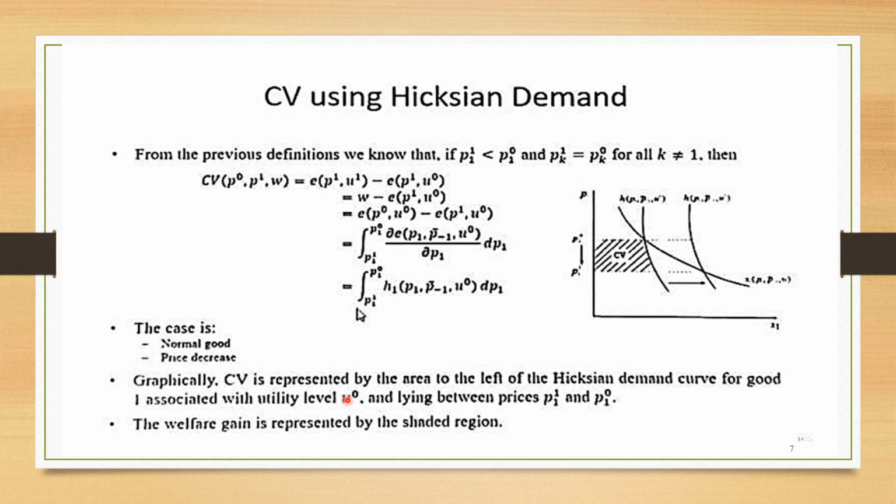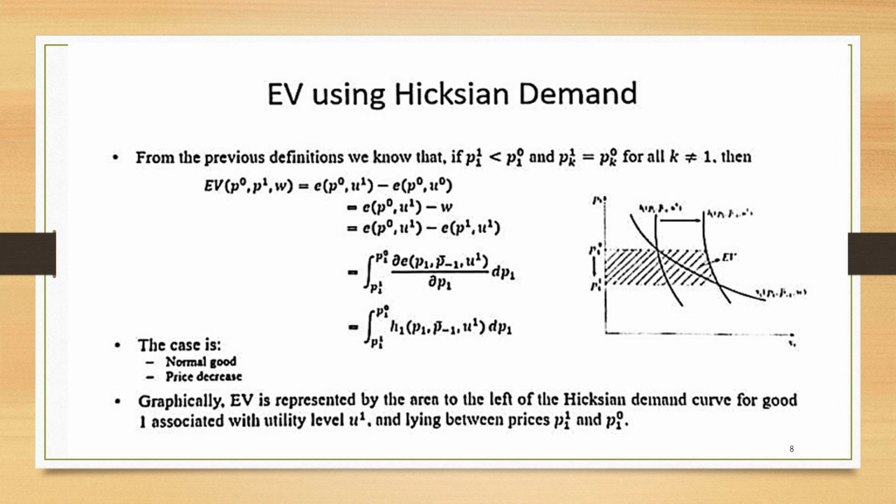Graphically, CV is represented by the area to the left of the Hicksian demand curve for good one associated with utility U0 and lying between prices P1 and P0. To obtain the same level of utility as before the price change, our EV will be here with U0. However, in case of a normal good, our shaded area of EV will be greater than our shaded area of CV, as it is associated with utility level U1.